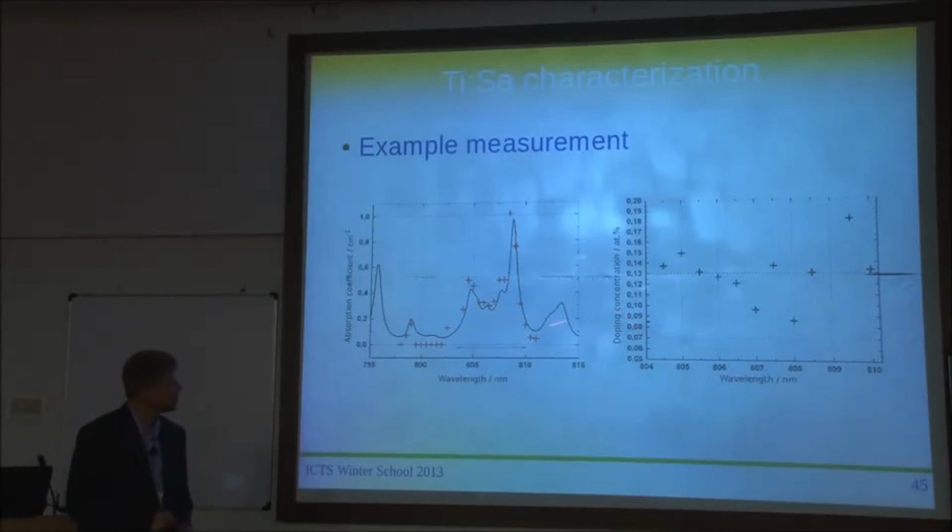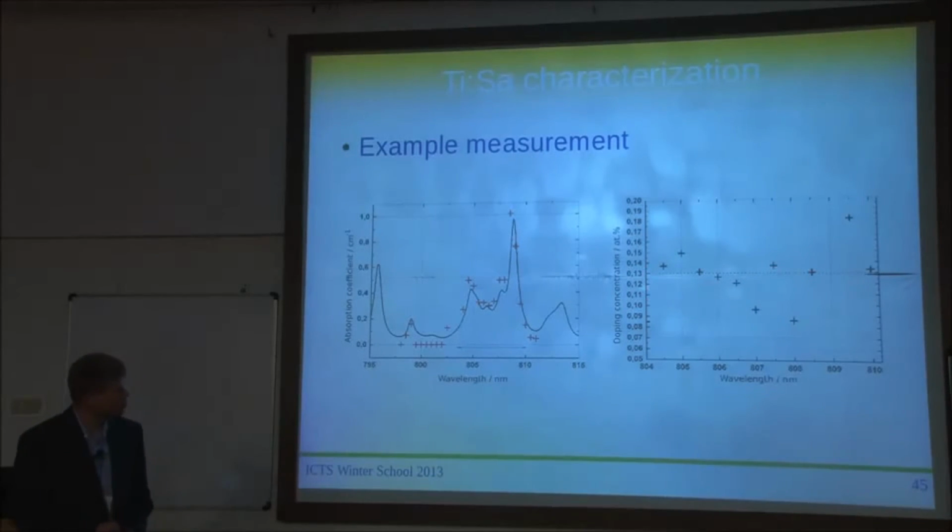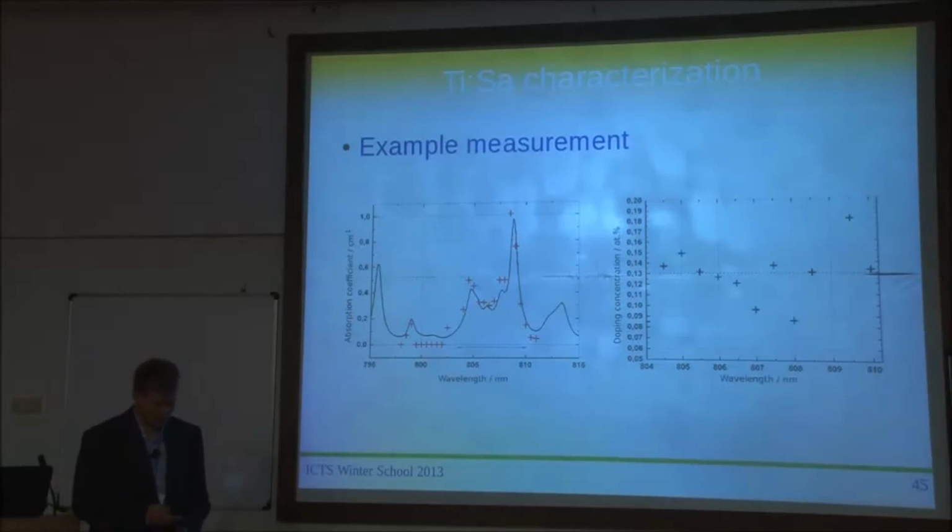But you can analyze that, or actually that's done for this marked region here, so I decided not to use these data points. And what you get then is some information on the doping concentration. It's not really great data, so there's a big error involved, but you kind of got an idea. So we were aiming for this doping concentration here. That's what we want for LIGO, and it turned out that the crystal I analyzed here was slightly higher doped.